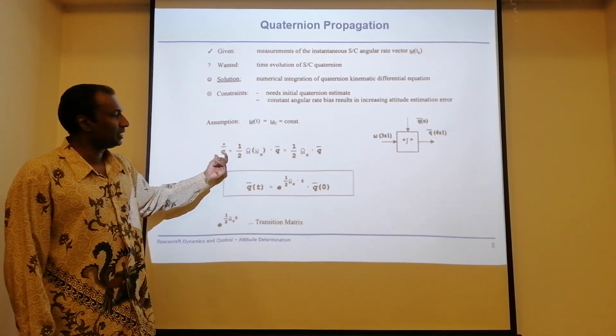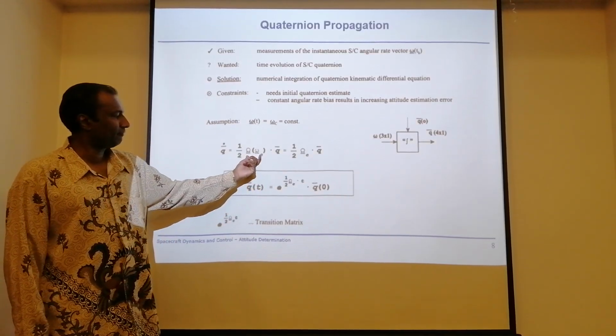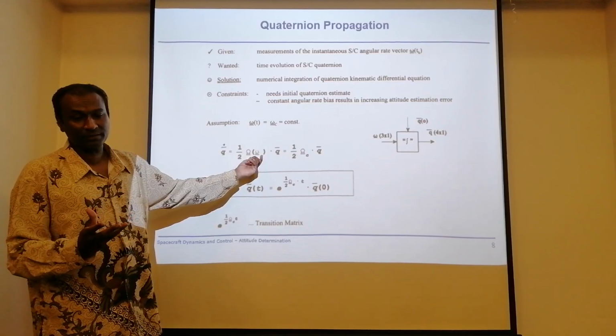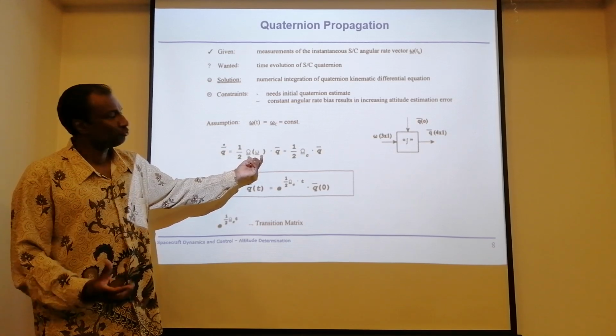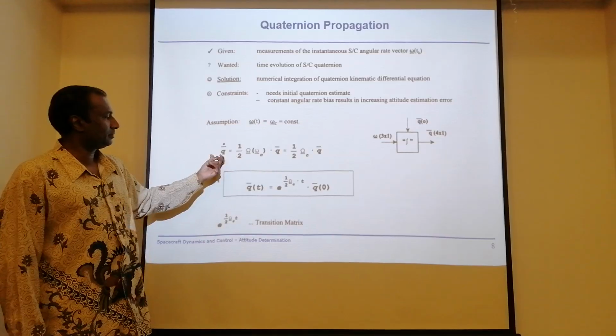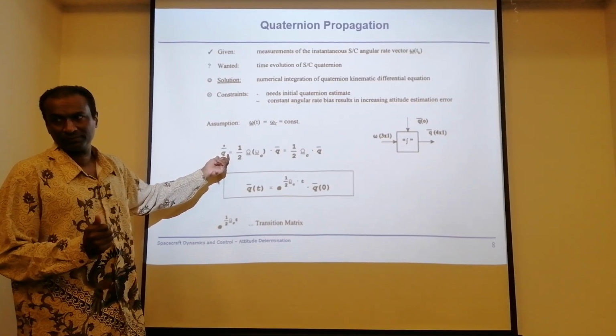Okay, so accordingly, as you can see, initial, then you have the omega. That means the body, you sense, let's say you have a gyro, you take that input, plug it in here, just like in kinematics, you get a new quaternion. That means that deviation.